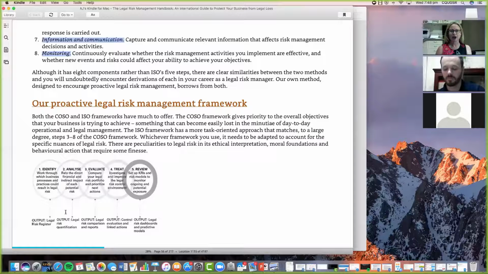So when you're talking about prototyping, you're really talking about the development of your controls. And in the ordinary sense, in most legal risk assessments, there really is no prototyping step.